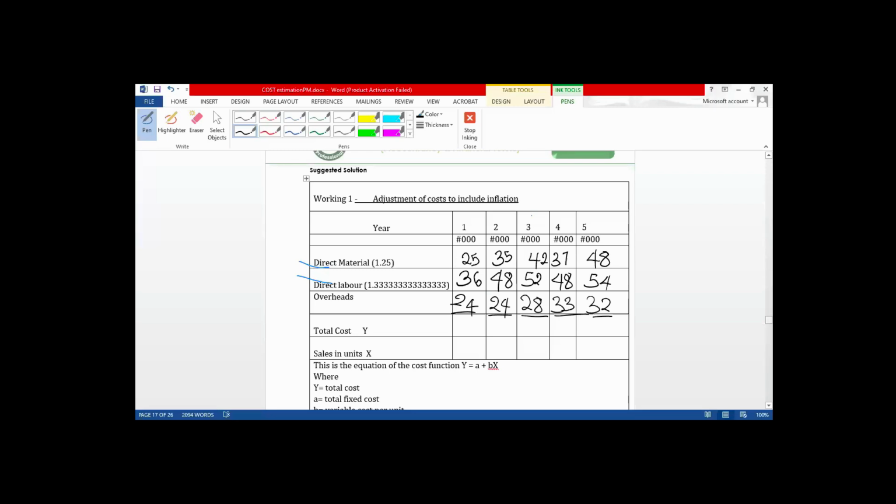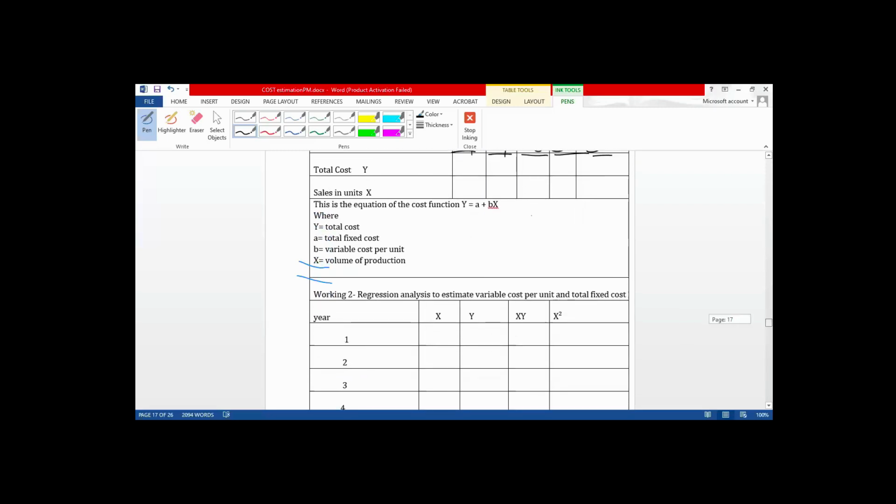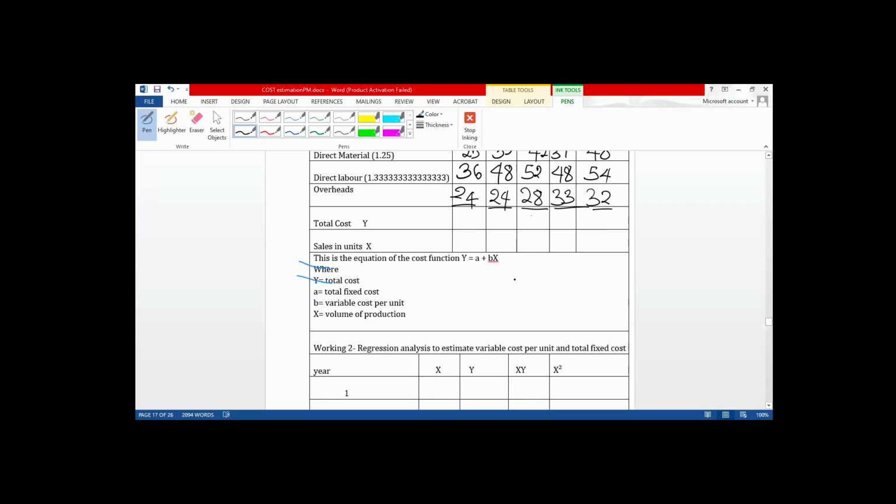Okay, let's explain it, because look at the first one. Material price will increase by 25%. Now, please note, before the increase in material price, that price will be 100%. We now increase by 25%.